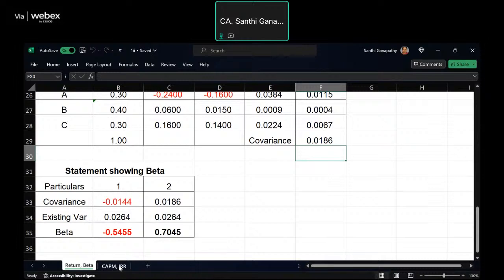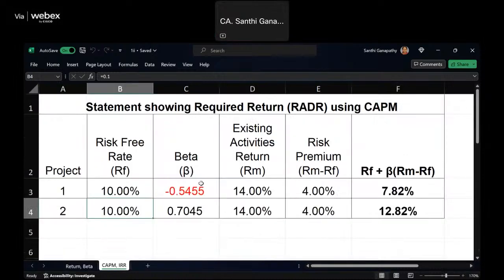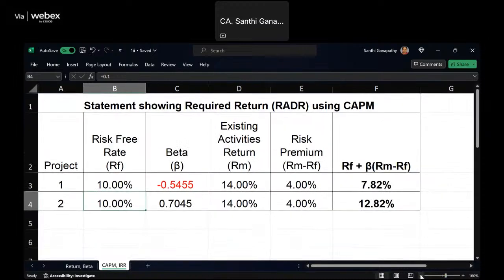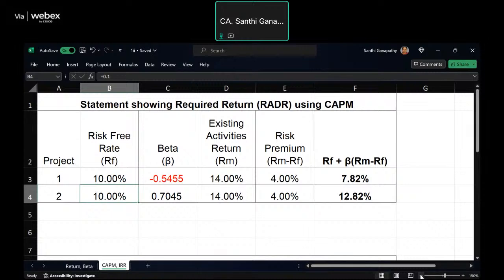So we should find what is the required return using CAPM: RF plus beta into RM minus RF. With this, you need to use this as a discount rate.